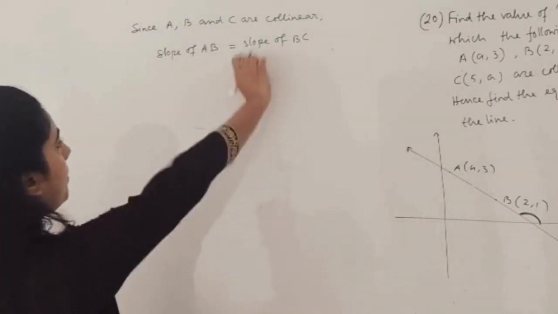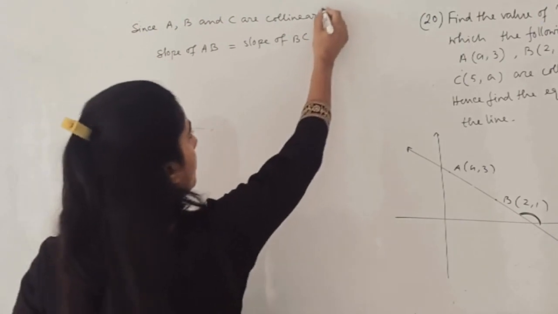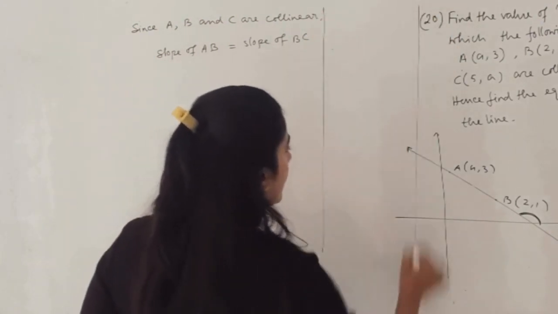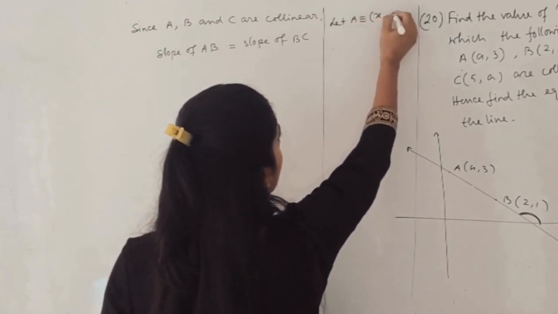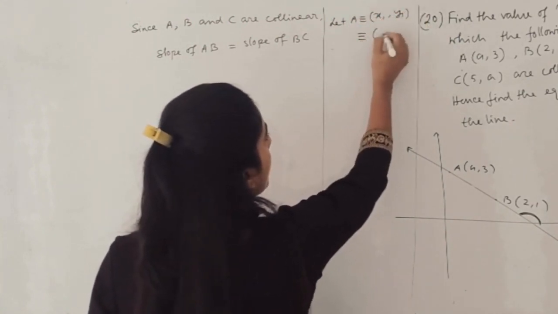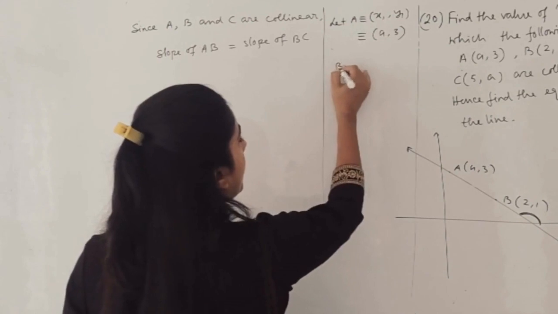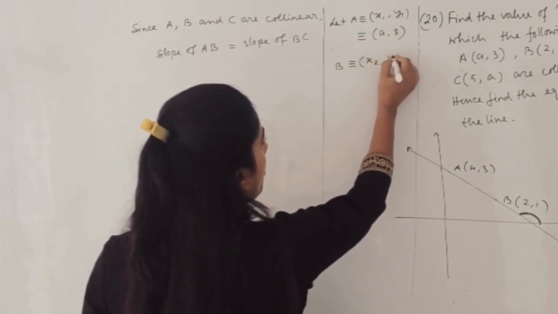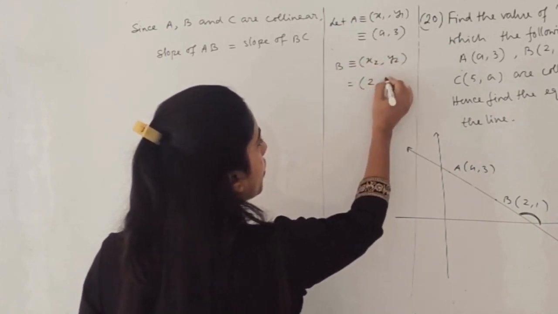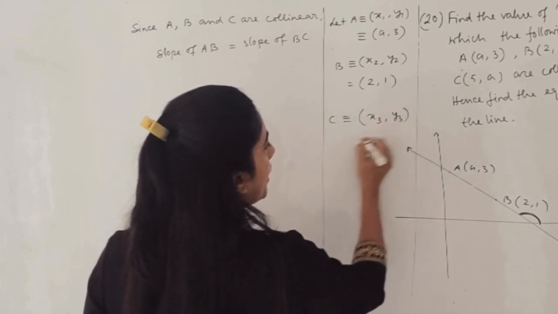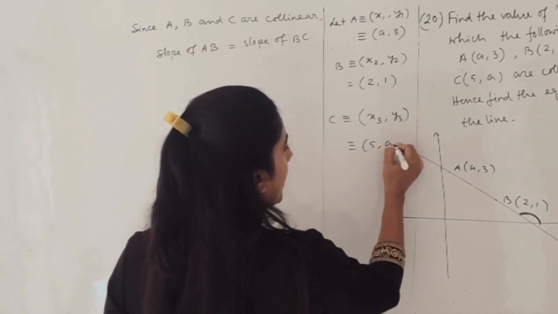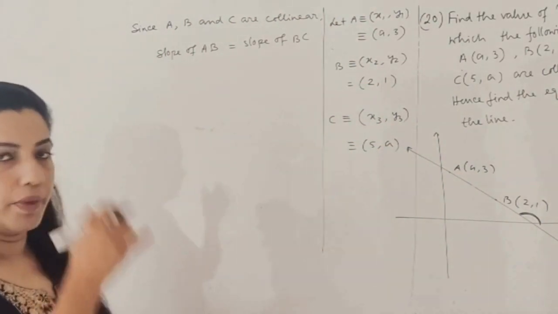Before that you need to consider A point is x1, y1, which is given (a, 3). B point is x2, y2, which is given (2, 1), and C point is x3, y3, which is given (5, a). That you write down in the beginning only, okay?